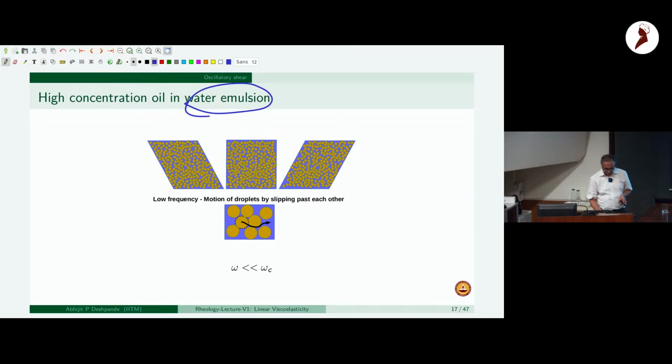If you look at very, very low frequency, the droplets are able to move because the motion is so slow that other droplets are also moving, effectively a bulk homogenized motion of the suspension as a homogenized fluid. On the other hand, at very high frequencies, each droplet is in a cage, frozen. There is not enough time for the drop to move, and therefore a glassy kind of response.